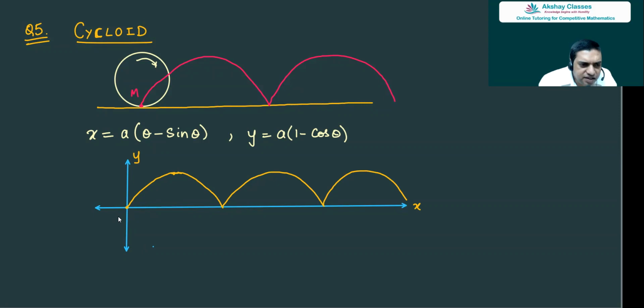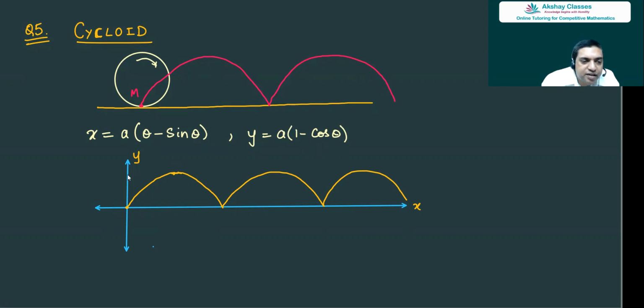The maximum value of y occurs when cos becomes -1, which is at pi.